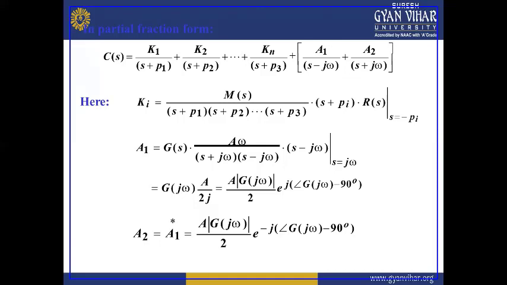As shown on the slide, C(s) is equal to K1 upon (s+p1) plus K2 upon (s+p2) and so on, with A1 and A2 as the magnitudes.